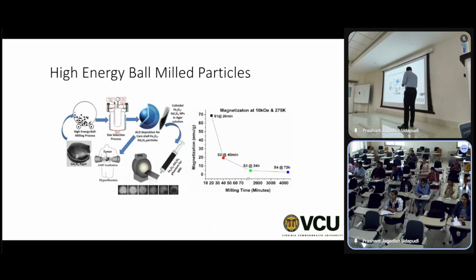In this graph, you see that if we take the ingot and mill it, keep milling it for a long duration, it completely loses its magnetization. That means it's becoming amorphous. There is no crystallinity.